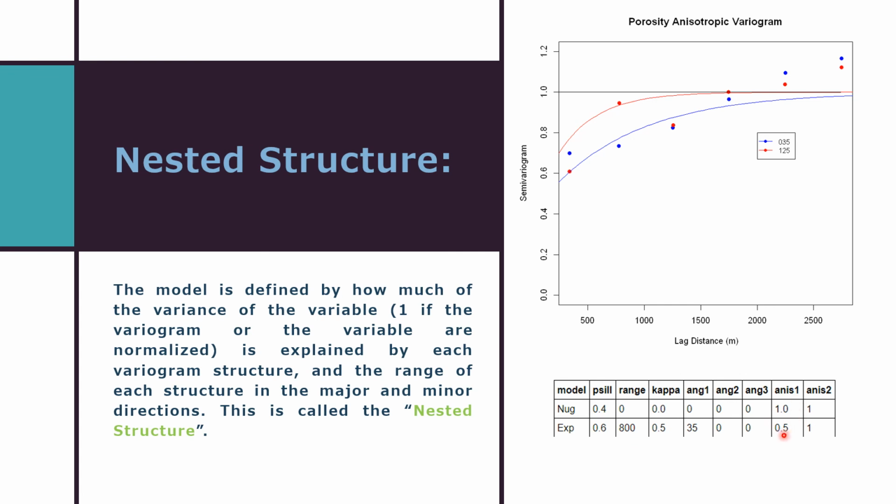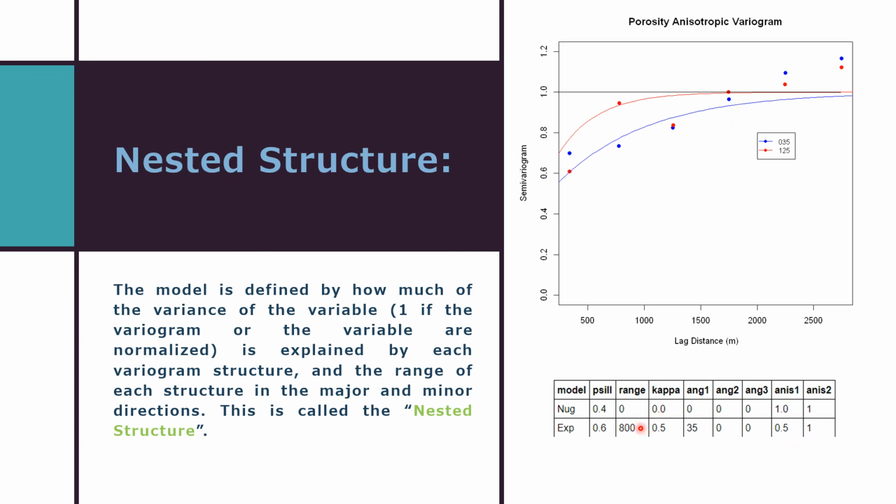This means that, of course, the range in the major direction is supposed to be the longest, because that is the direction we're seeing the most continuity in. So it would only make sense for points to have more continuity, or better to say, to take more distance to reach the CIL along that direction. So the range in the major direction is defined here, and a ratio is defined here, which says how much lower it would be in the minor direction for the variogram to reach the CIL.